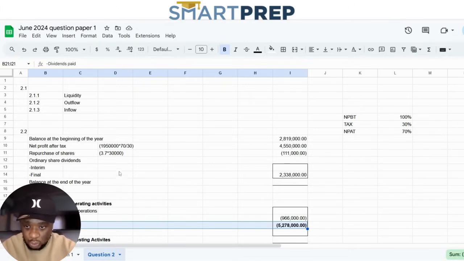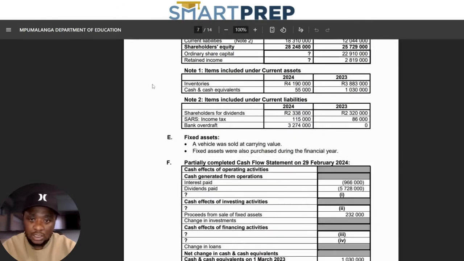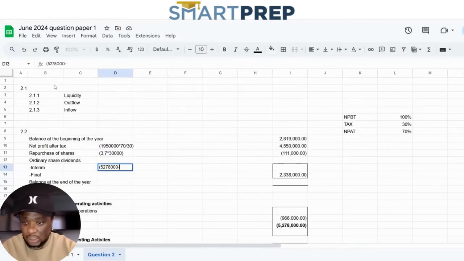So you're going to take that amount, 5,278,000, and subtract the shareholders for dividends at the beginning of the year, which was 2,320,000.